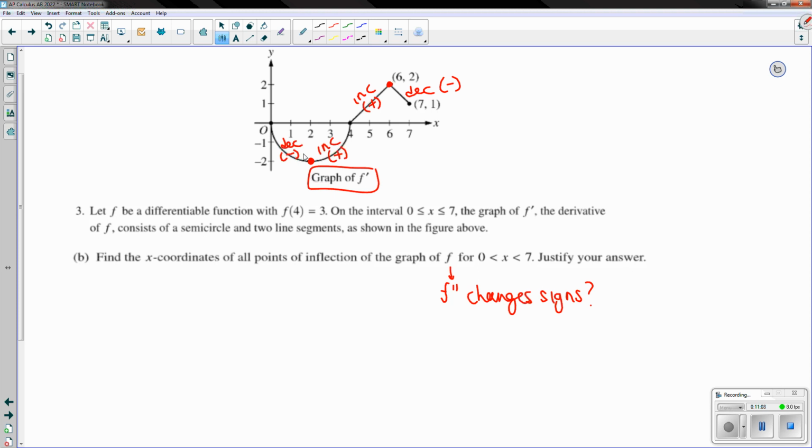So we're going to say that we expect a point of inflection.